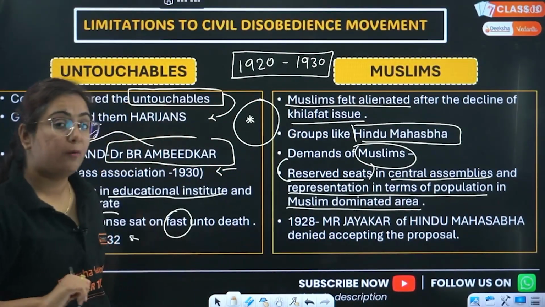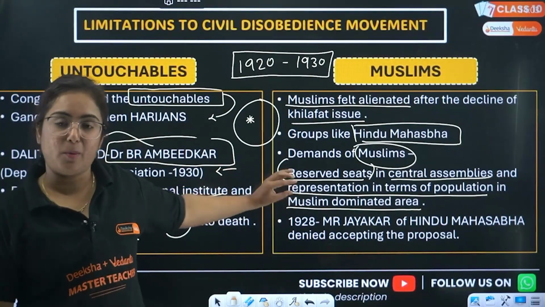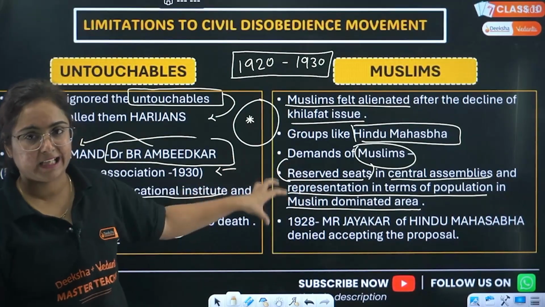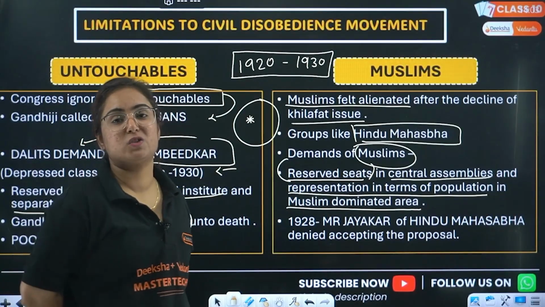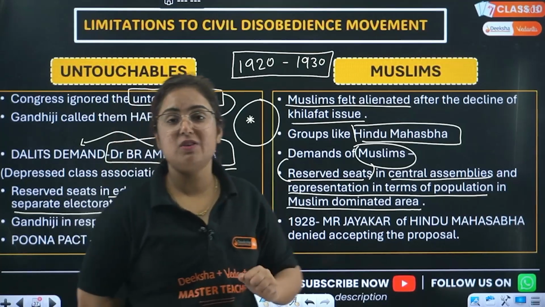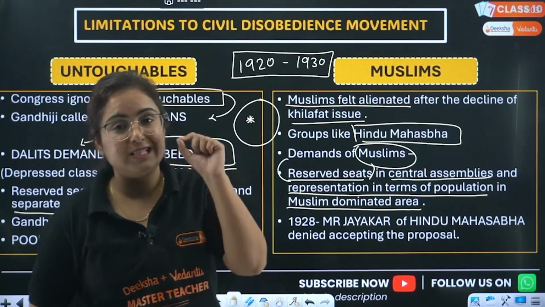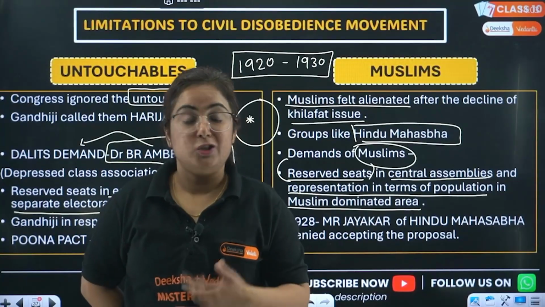Now, what is this point? The population is dominating in that area, so there also the representation should be done on the basis of population. Now the Hindu Mahasabha was asking the question, what if we follow the same in the areas where Hindu majority and dominance is there?